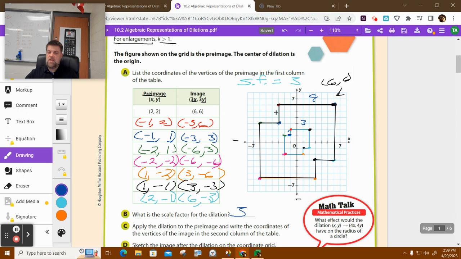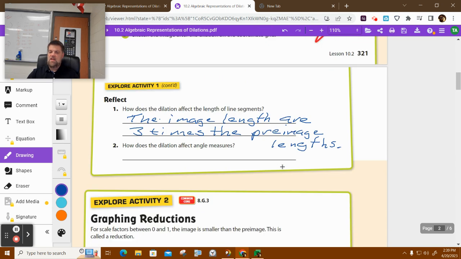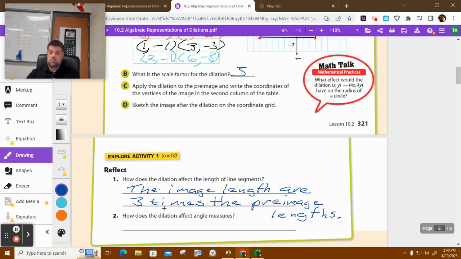What's the length from here to here? 3. So no matter what the side length is, it's going to be the pre-image times 3. Does that make sense? Okay. It says, how does the dilation affect the angles? It doesn't. It does not.